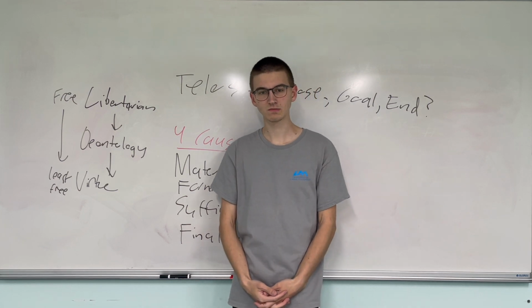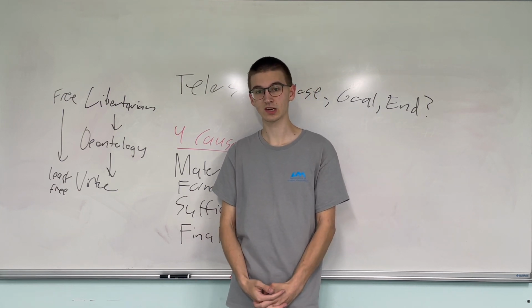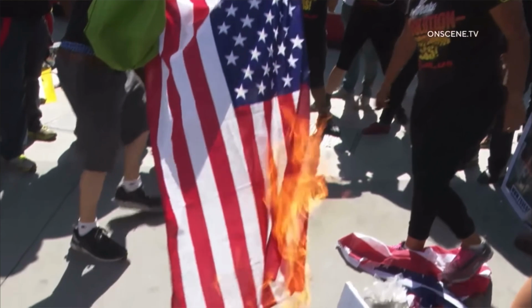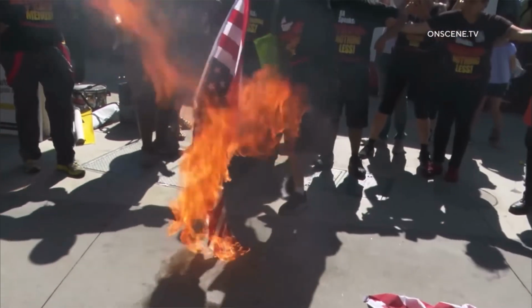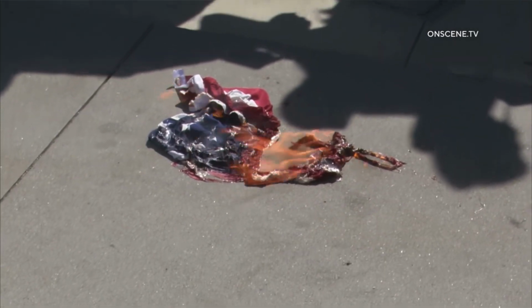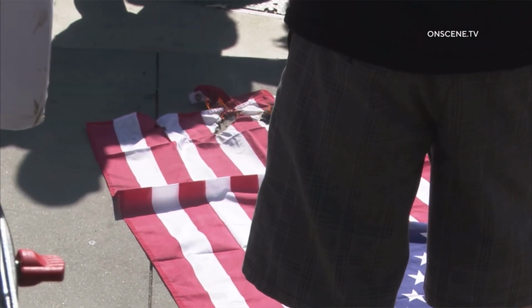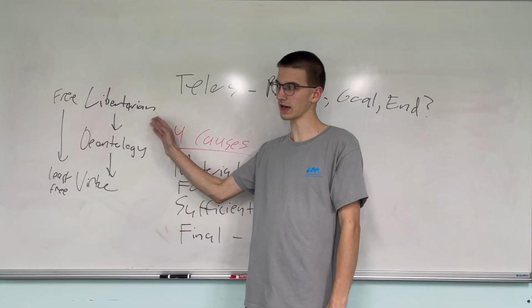Maybe this might be an interesting thing to talk about: burning the American flag. Burning the American flag is protected as a form of free speech. Freedom of expression of your political views, you're not directly harming anyone by it, and that's a pretty libertarian way of looking at things.